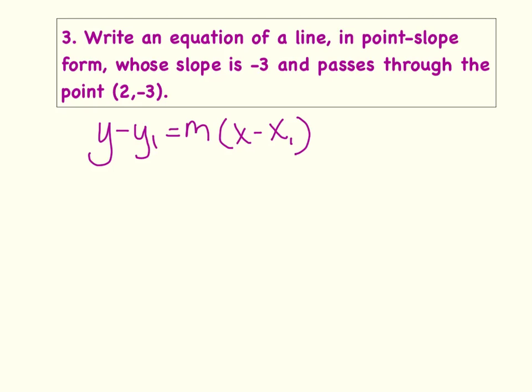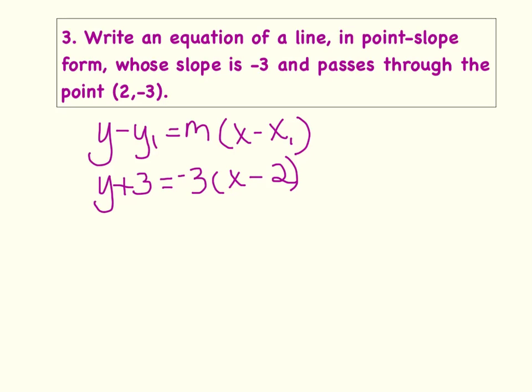So we're going to begin our substitution. Y minus -3, well remember, subtracting a negative is the same as adding. So y plus 3 is equal to, here's my slope, I just forgot, -3 times x minus 2.